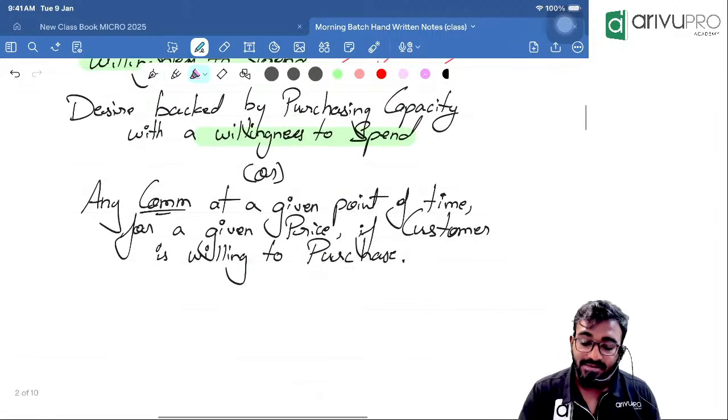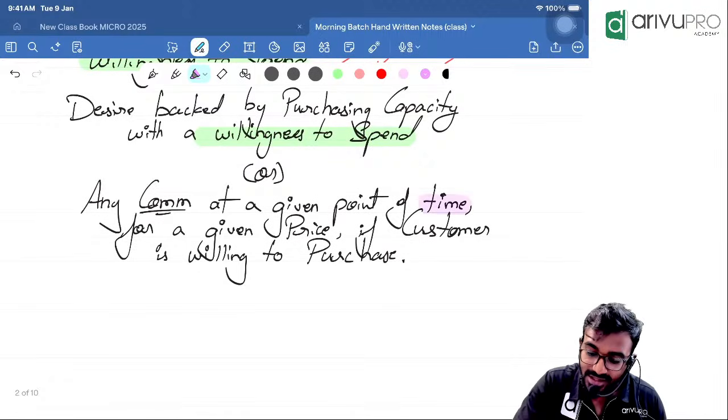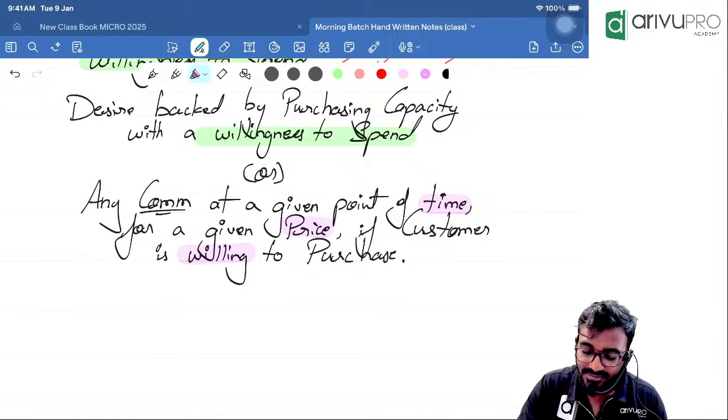Again, there are three elements in it: any commodity, at a given point of time, for a given price, the customer is willing to purchase. Let's underline purchase only.